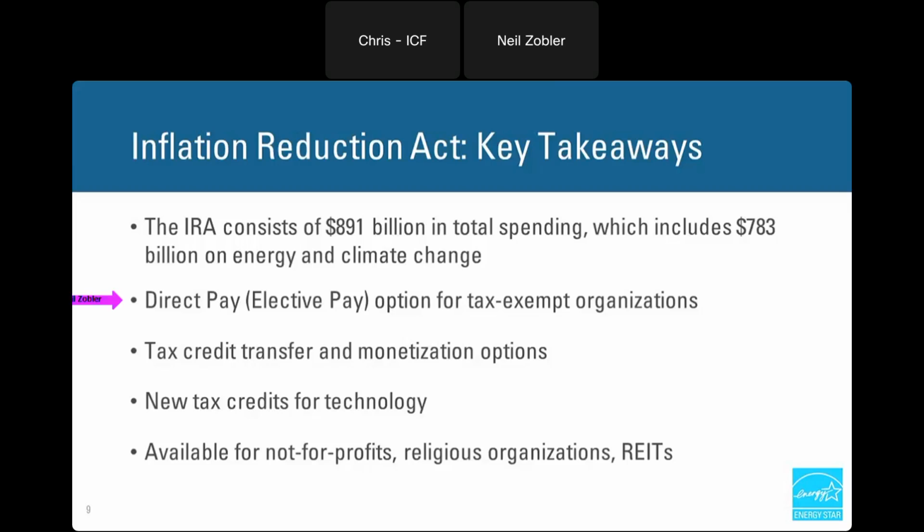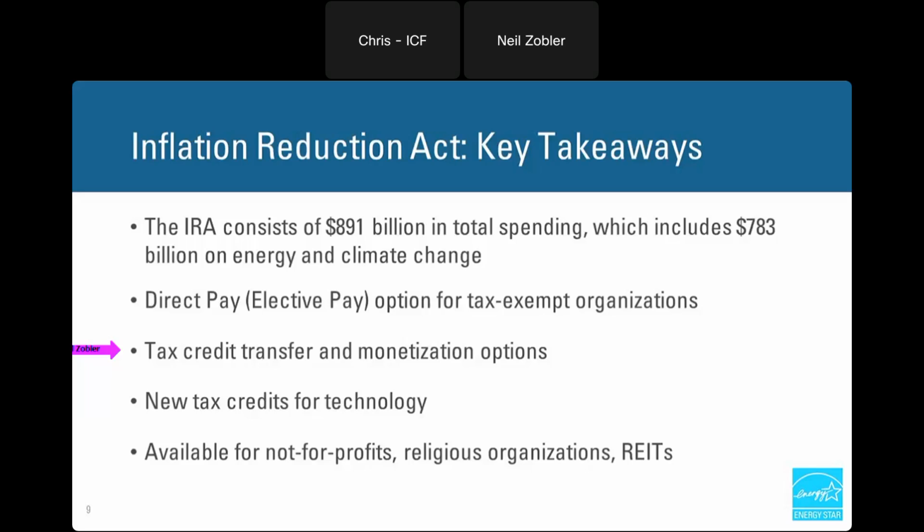Well, because tax-exempt organizations don't pay taxes, they were forfeiting that benefit. So the federal government decided to change that and provide motivation for tax-exempt organizations to actually implement some of these programs by direct pay, where they can get reimbursed for tax credits, for example, or be allowed to transfer some of the tax credits and monetize these options, which they were restricted from doing as tax-exempt entities in the past.